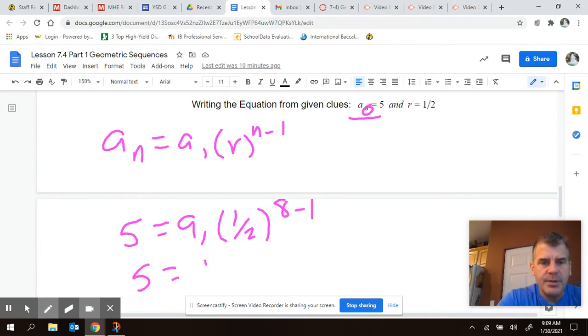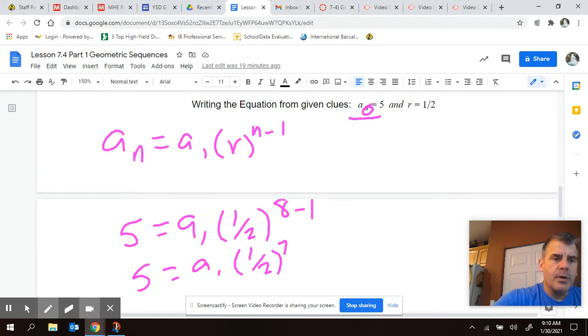So this math leads us to 5 being equal to a sub 1 times 1/2 to the 7th power. Our job is just to calculate, well, what's 1/2 to the 7th power? And then divide 5 by that. I get this really long, crazy decimal.